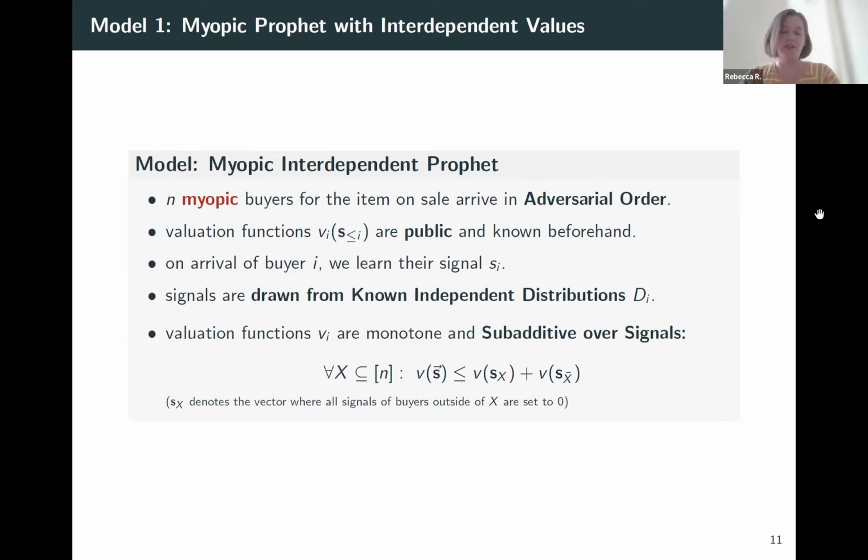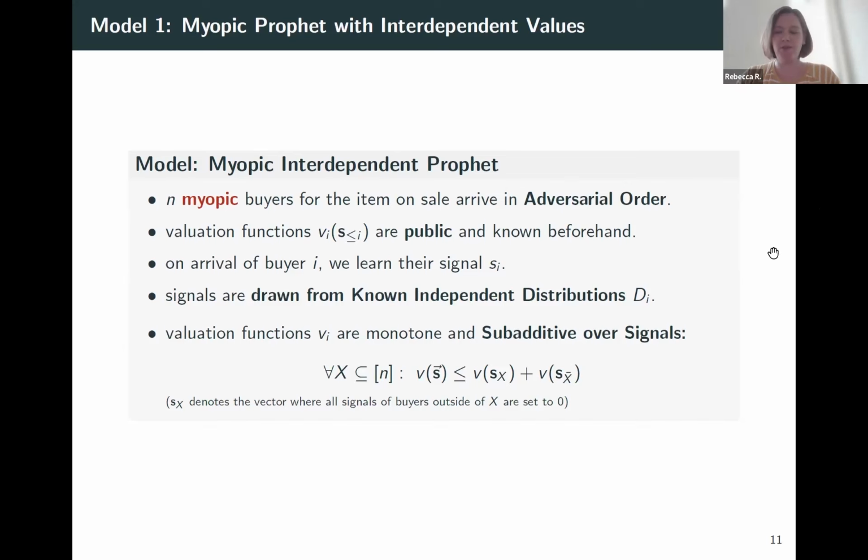However, the valuations that come out of them, these, of course, depend on other people's signals. And also we will assume, because we need something to make this work, that the evaluation functions are monotone and subadditive over signals, as Divya introduced previously. This will be because we only see part of the instance, so therefore we only see part of the signals when we make decisions, and we need that to mean something for the overall value, and we need to be able to compare.